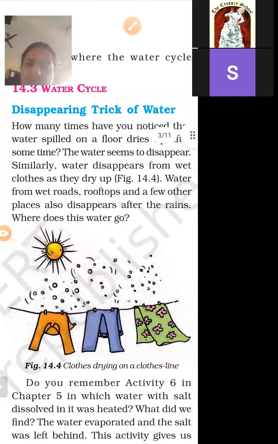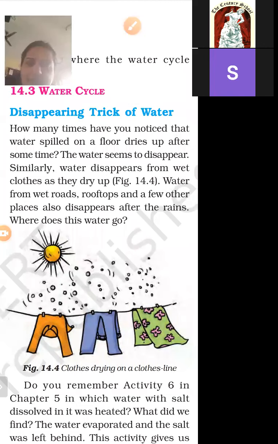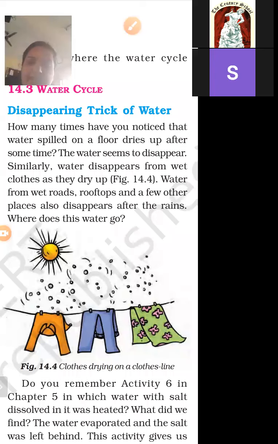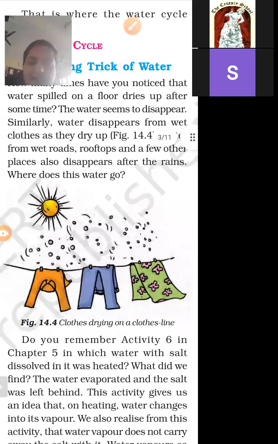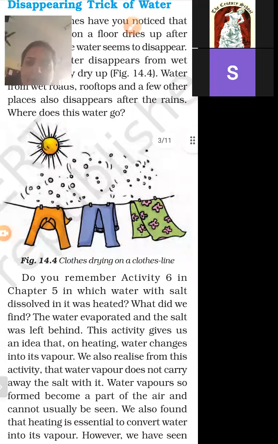And what is the disappearing trick of water? As we know, clothes on the clothes line dry up when we put them in the sunlight, and water spilled on a floor dries up. Why do these dry up? Because of the process of evaporation, the water is converted into water vapor.